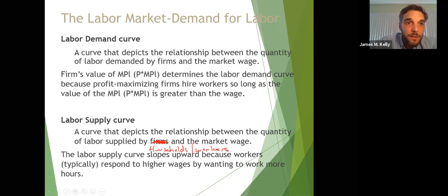So typically, as the wage increases, workers are incentivized to work more hours. Why? The marginal benefit of working has gone up, while the marginal cost, presumably, stays the same. Okay.